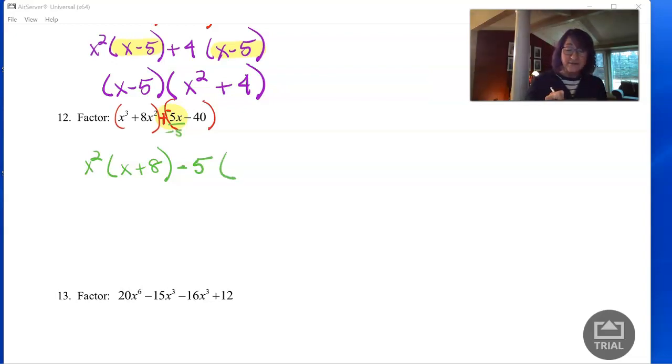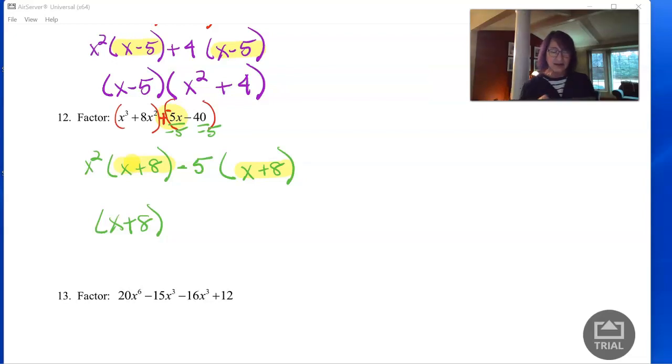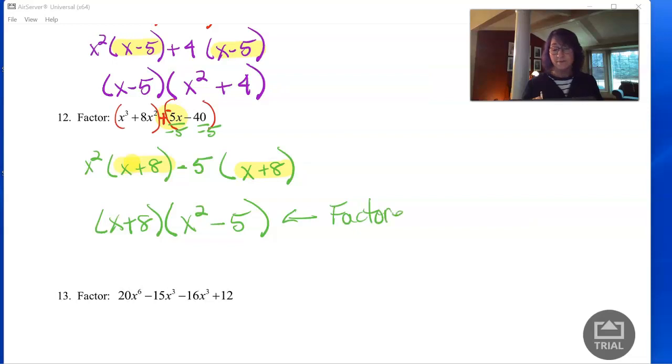So if I divide both of those terms by a negative 5, I'm left with positive x plus 8. So now my binomials match. That becomes my next greatest common factor, x plus 8, followed by everything else that's left over, x squared minus 5. That is my factored form.